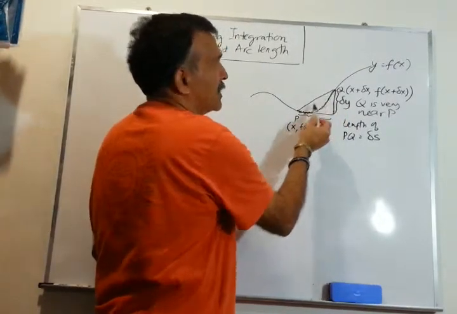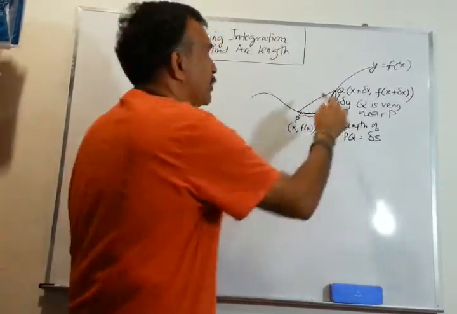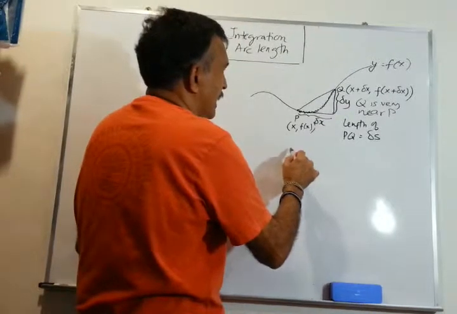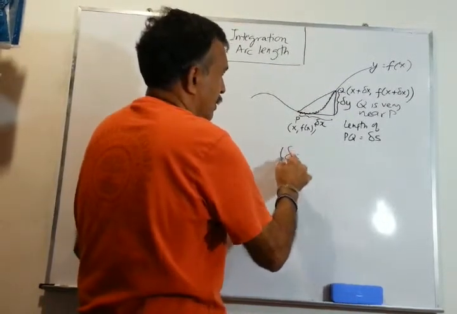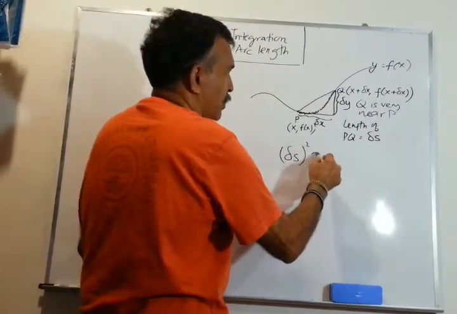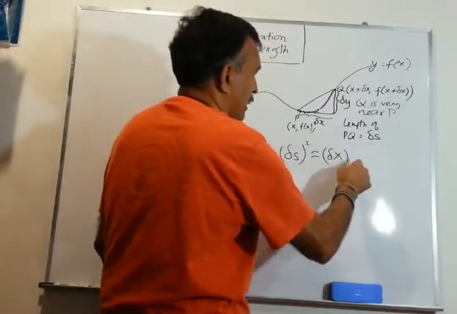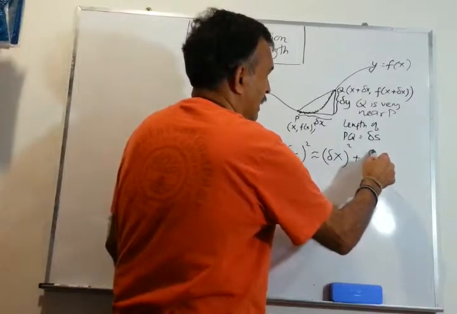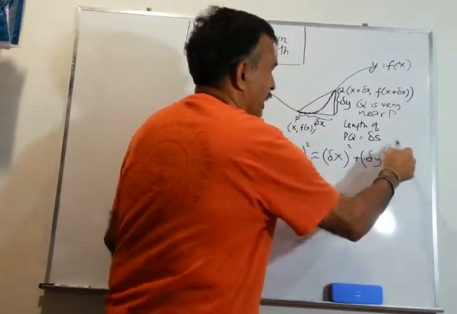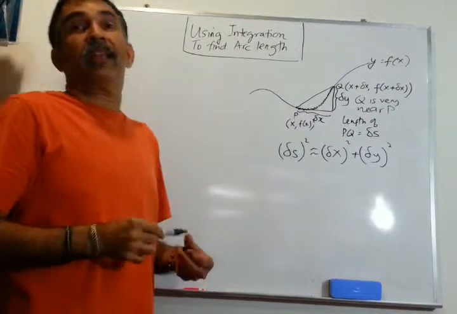Good. So now remember, this is what we want. We are saying that this is about equal to PQ, so I'm going to say that delta S squared is approximately equal to delta x squared plus delta y squared. Now where do I get this from? Pythagoras theorem.